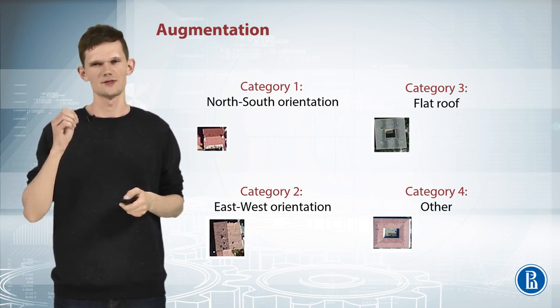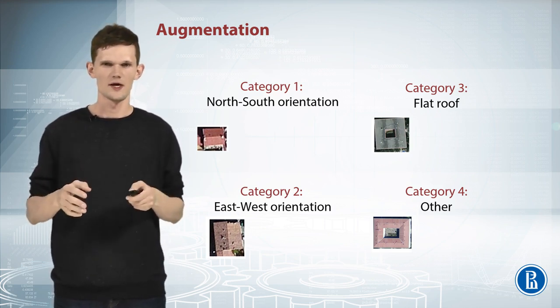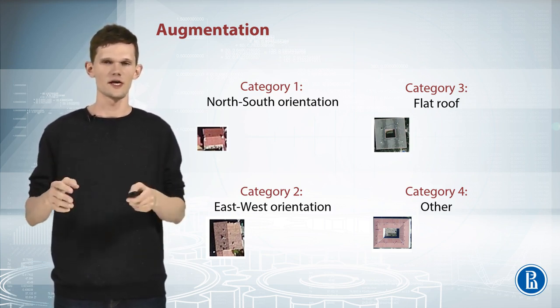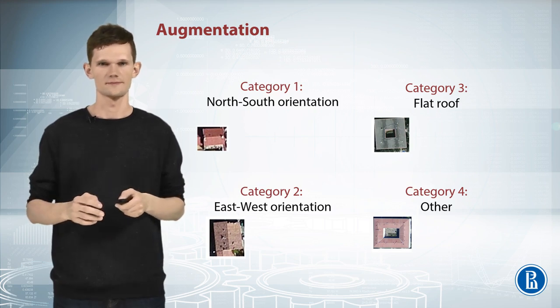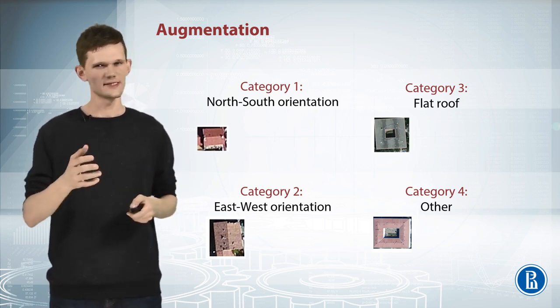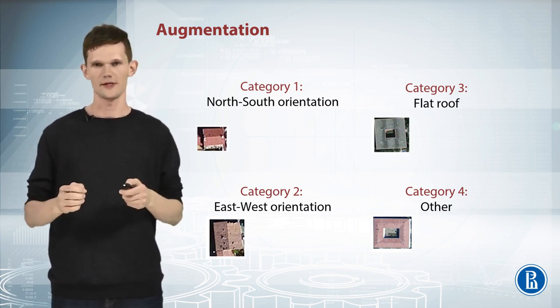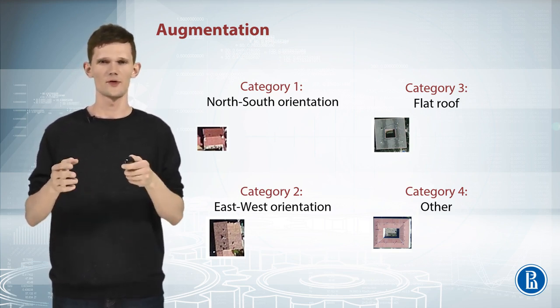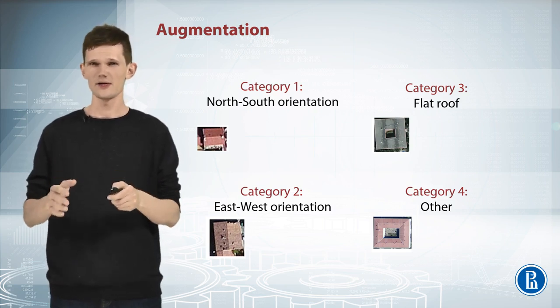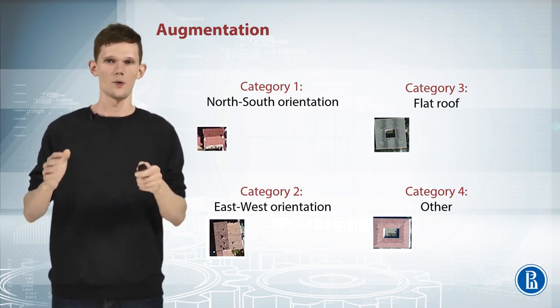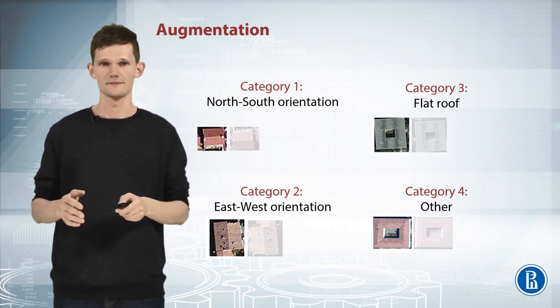Let's illustrate this concept of image augmentation on the previous example with classification of roof images. For simplicity, let's imagine that we now have only 4 images, one for each class. To increase the number of training samples, let's start with rotating images by 180 degrees.